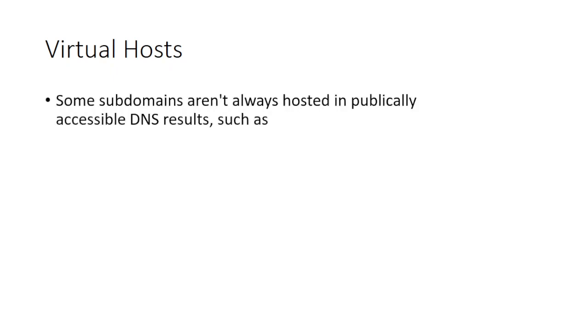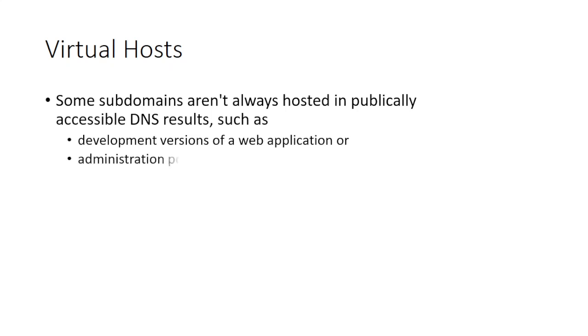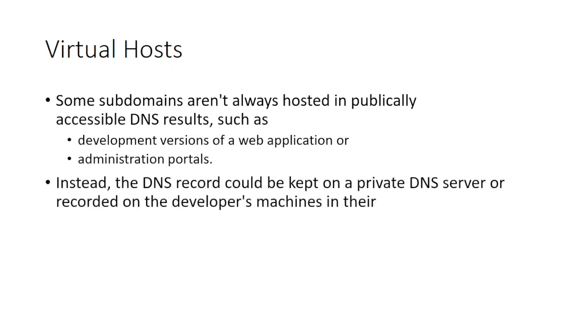And then virtual hosts. Some subdomains aren't always hosted in publicly accessible DNS results, such as a development version of a web application or administration portals. Instead, the DNS record could be kept on a private DNS server or recorded on the developer's machines in their own file.